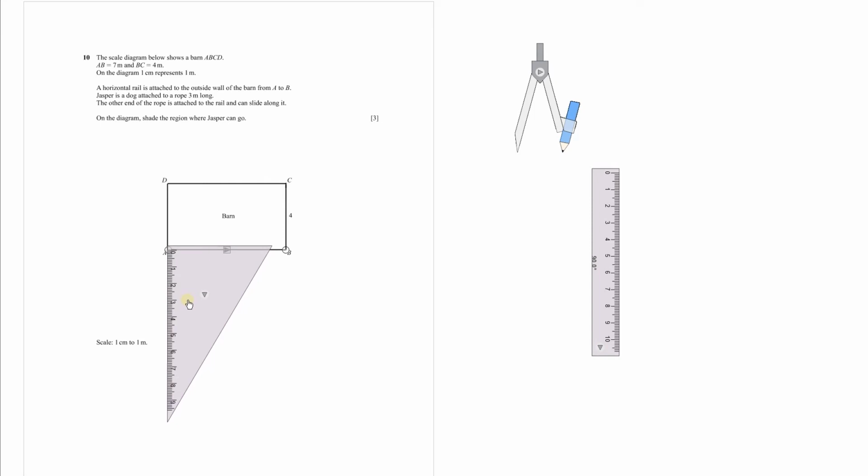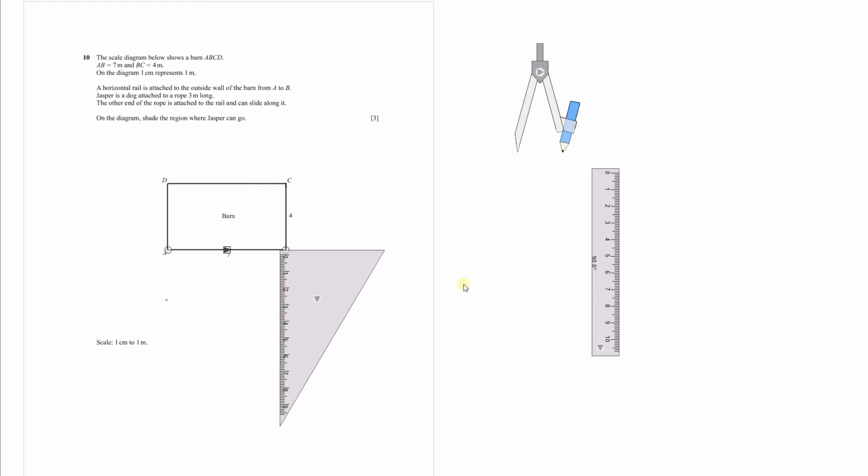So I'll place it here. So now it's at 0 here. So 3 centimeters away, this will be my point, and it's also making an angle of 90 degrees because this angle of a set square is always 90. So this is a perpendicular distance of 3 centimeters from this point A.